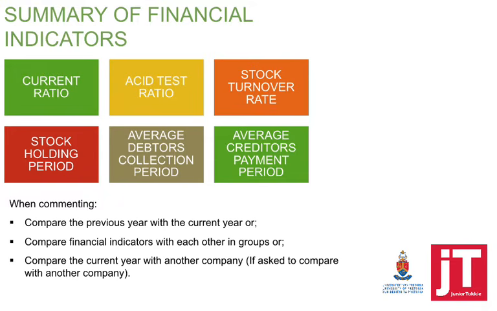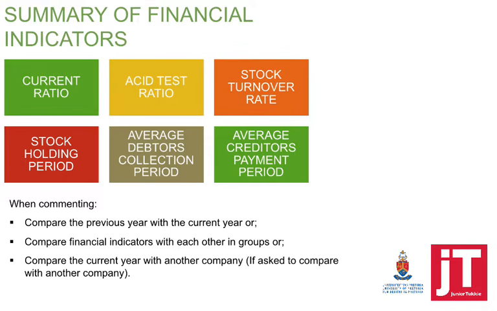Now when we're commenting, compare the previous year with the current year. Compare the financial indicators with each other in groups. So we talk about our BFFs. If I have a look at the groups, we always group together the current ratio and the acid test ratio to see that if we take inventory out of the equation, would we still be able to meet our short-term obligations?